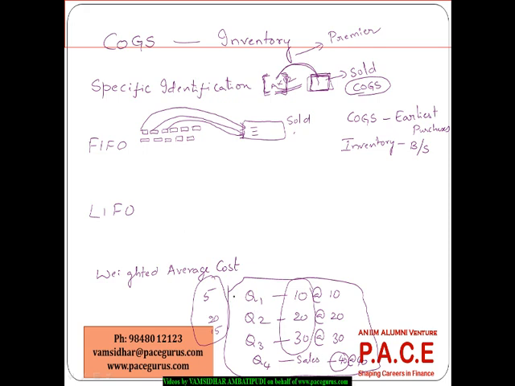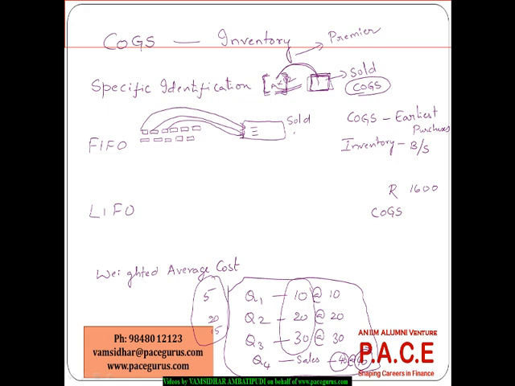That's a specific identification. Whereas on the other side, if I am using FIFO, I have sold 40 at 40 bucks. So my revenues will show, at the end of Q4, 1600. My cost of goods sold corresponds to the 40 units that I have sold.